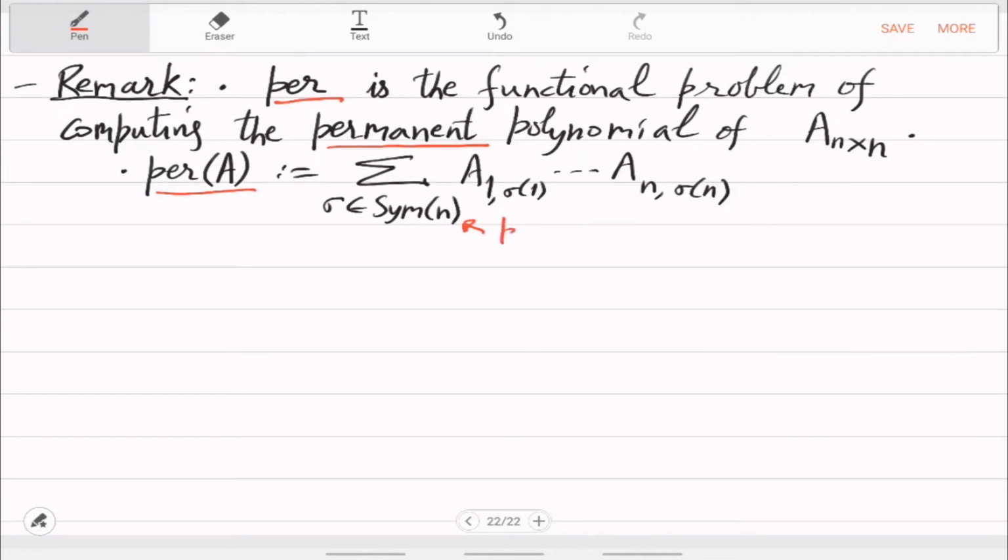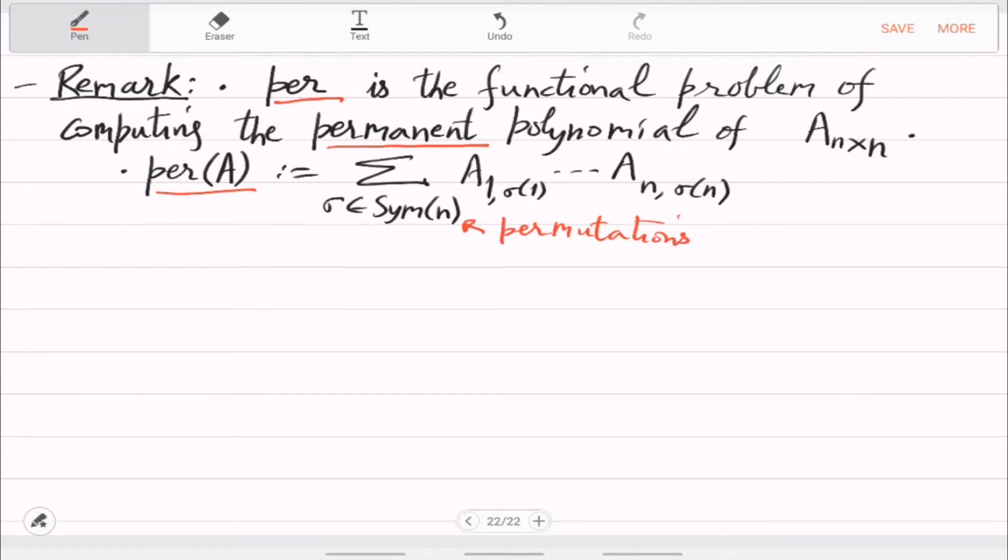If you think of A as a symbolic matrix with n square variables, then you carefully pick n of the variables out of n square and form these monomials, right?